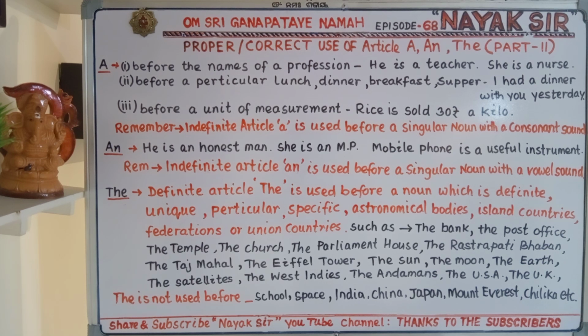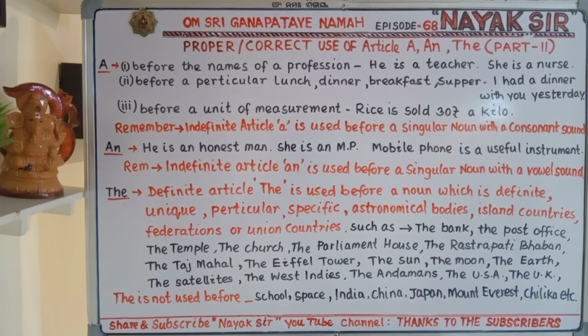Clear? She is an MP. MP, the starting pronunciation is 'em'. So she is an MP. But while making it a full form, you can say she is a member of parliament.